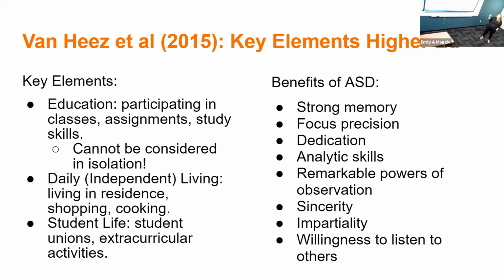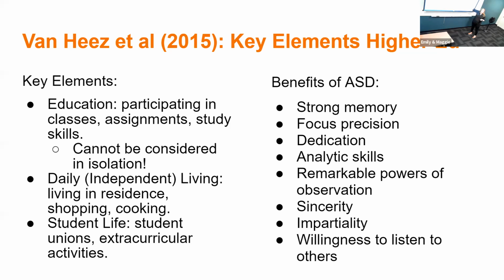Benefits, right? Strong memory. And again, these are identified by the students themselves. What are their strengths? I'm also conducting a study right now, asking students to identify some of these things, whether or not they identify as neurodiverse, but what are their strengths in these three domains? So: very focused, precision, dedication, analytic skills, powers of observation, very sincere.